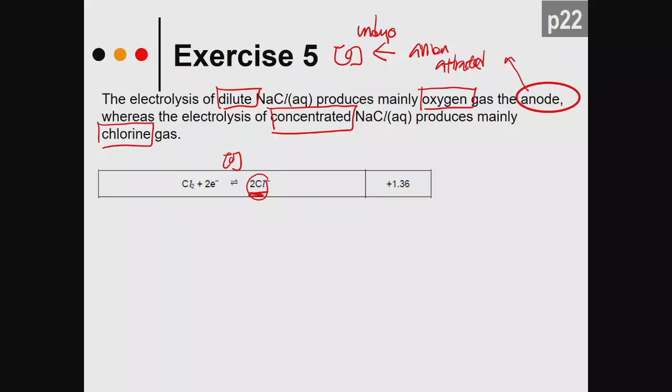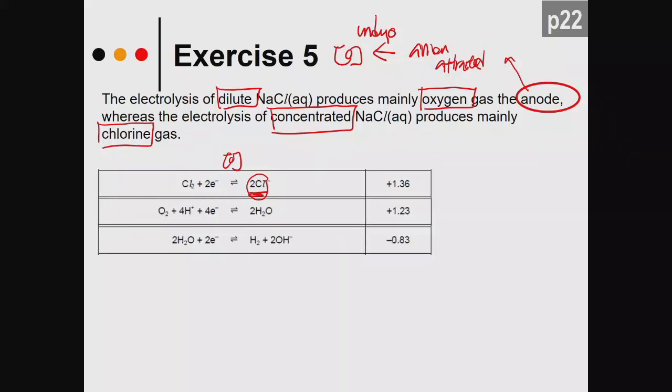Now, don't forget, other than anions, water can also be attracted. But when you look at water in your data booklet, there are two half equations that involve water. Which is the one that we choose? Remember, we want the species to undergo oxidation because we are looking at the anode.